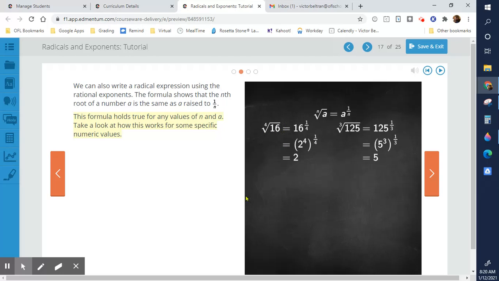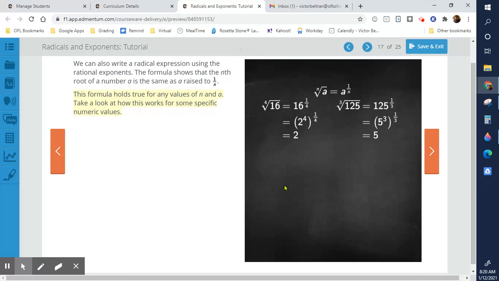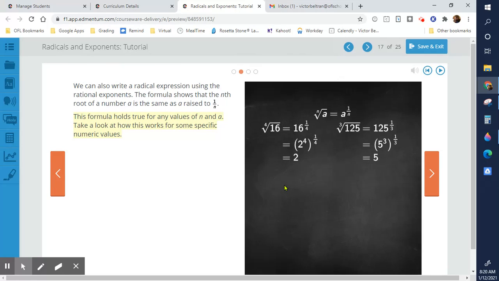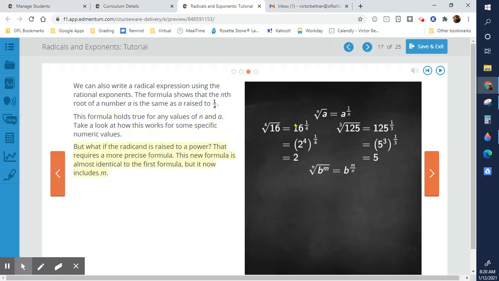Rewriting it is almost kind of moot if you want to solve it that way, because if you already know 2 times 2 times 2 times 2 is 16, then you already know that the fourth root of 16 is 2, because you already multiplied it that many times. But it's a strategy nonetheless. I think they're just trying to show you guys the relationship between them.